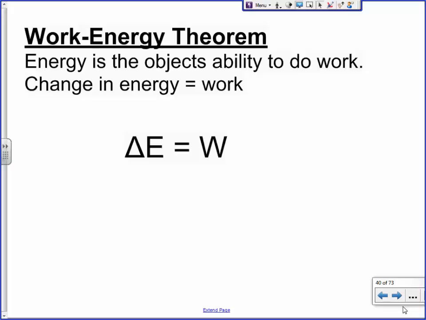That makes sense. For those of you who did chemistry with me, maybe remember how we did thermodynamics and potential energy diagrams where that would be your change in energy? Why did that energy change take place? Well, some work occurred. That makes sense. So, long story short, energy is work.